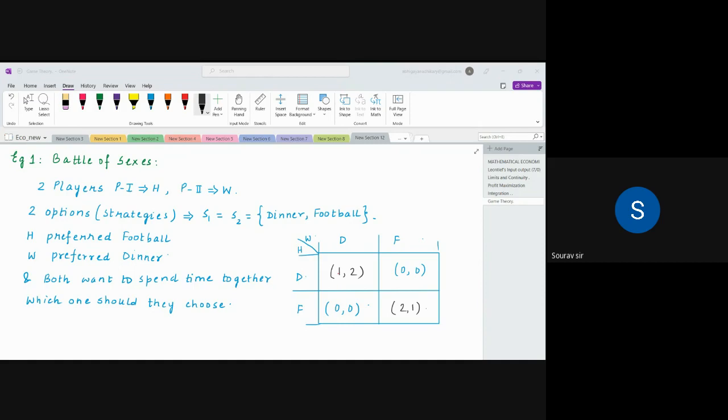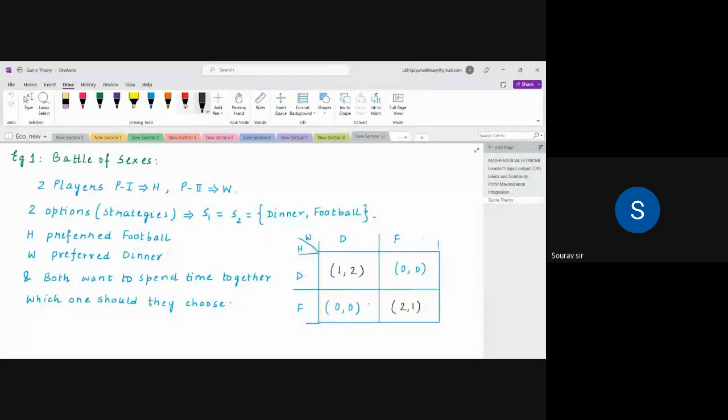Okay. For others, let me just share with you one simple way to understand this without much of technicality. Take it in this way: if the wife chose to go for dinner, then what should the husband do?